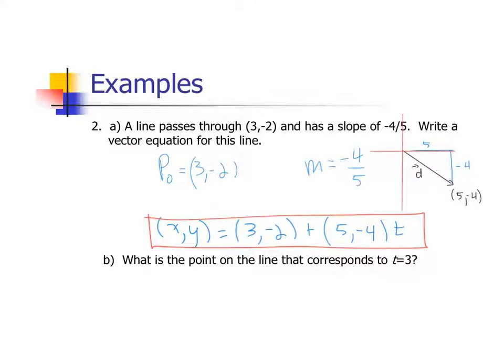So t equals 3. In our equation, we're going to set t equal to 3, and we're going to write (x, y) is (3, -2) plus (5, -4) times 3.